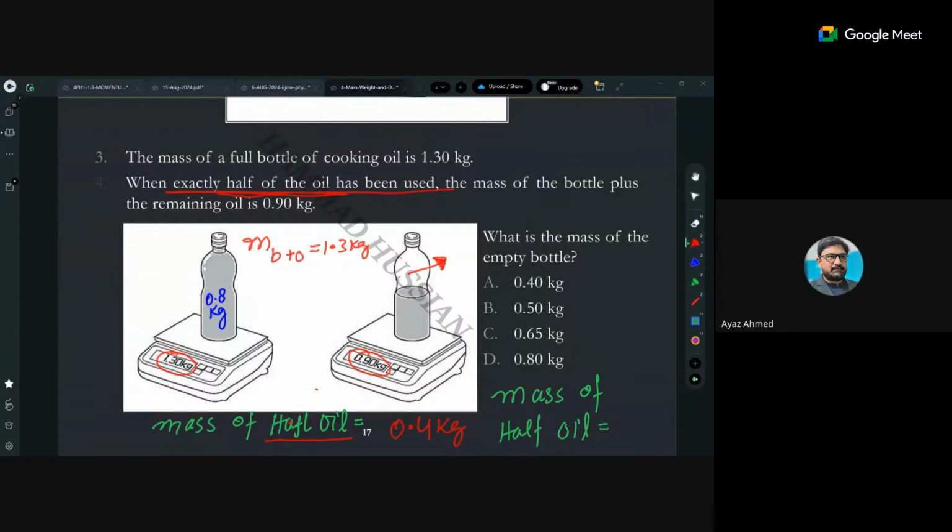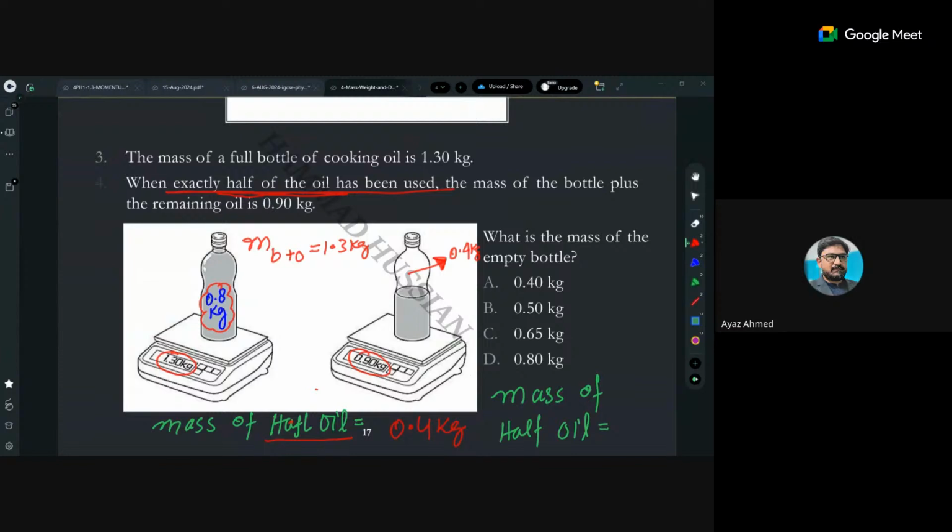ठीक है, बात समझ आ रही है? जी sir. तो इसका मतलब that half of the oil which was consumed is 0.4 kg. इसका मतलब ये हुआ कि when oil was full, it was 0.4 plus 0.4, 0.8 kg oil was inside.